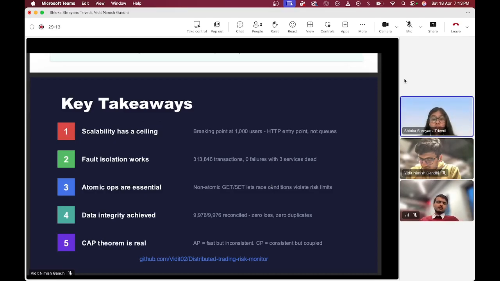Data integrity is achievable with synchronous persistence before acknowledgement, and the CAP theorem is a real constraint for financial systems. So in this case, consistency wins over availability. These are all the experiments that we went through. From here on, I would like Vidit to show a demo of the project.